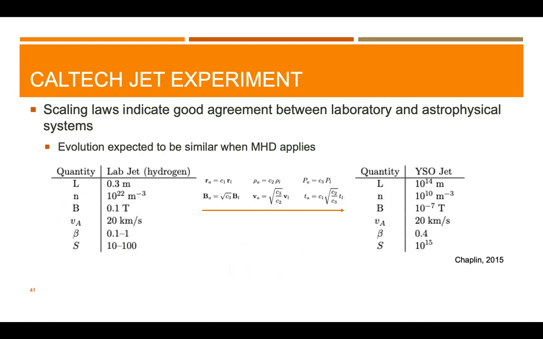We actually have pretty good agreement on everything except for S. That's the least critical one to have complete agreement on, though, because large S, that's much greater than 1, is basically just saying this is ideal. So if you're willing to take that rather large difference in terms of magnitudes, both of these things are ideal. And they have the same Alfvén speed and the same beta, typically.